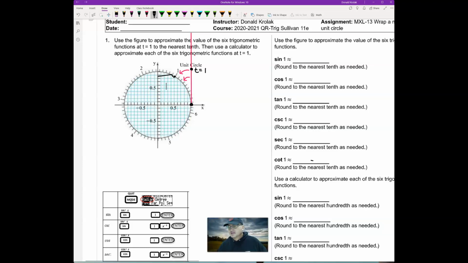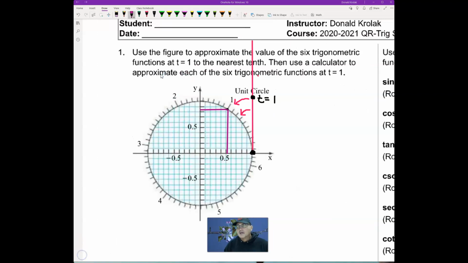To get the coordinates of that black point, this vertical line is going to give me my x-coordinate, and I believe the instructions say round to the nearest tenth, so that's closest to 0.5. So I'm going to say my x-coordinate is 5/10. And then over here I draw a line over to the y-axis. Let's see, 0.5, 6, 7. That's closest to 8/10.